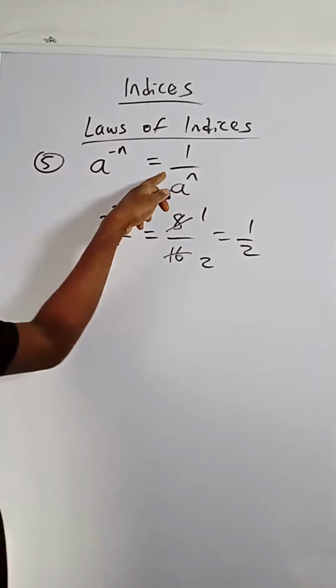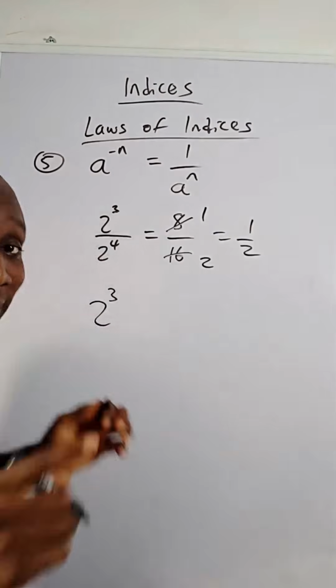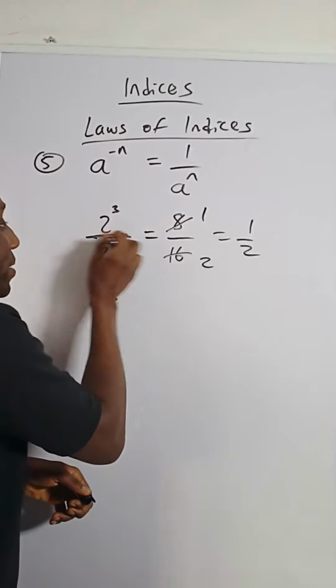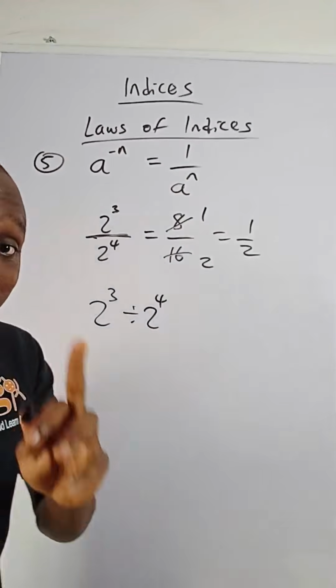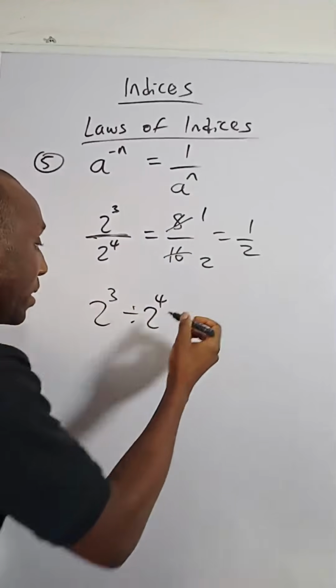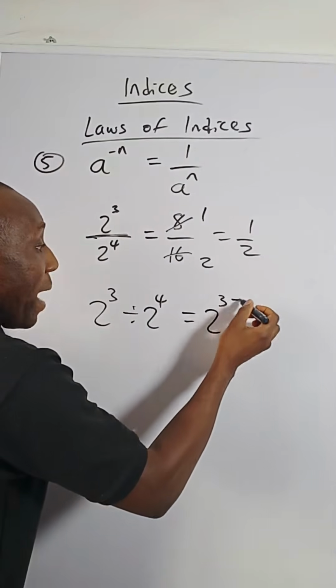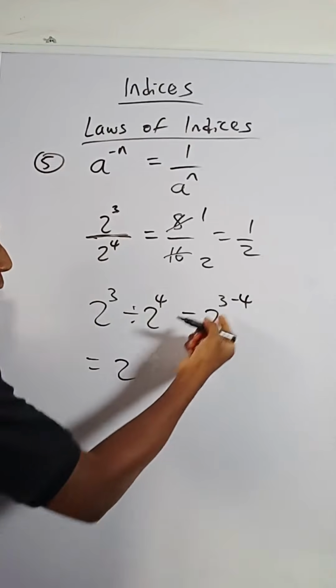I want to prove this law now. See, this is 2 raised to the power 3 over 2 raised to the power 4. I told you about that division law, so I can just write it like this and bring in that division law. When you are dividing, you subtract the exponents. So this is equal to 2 raised to the power 3 minus 4. And what is 3 minus 4?